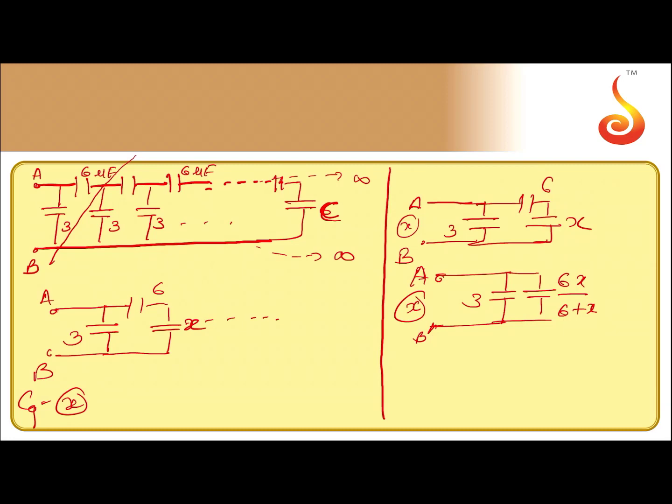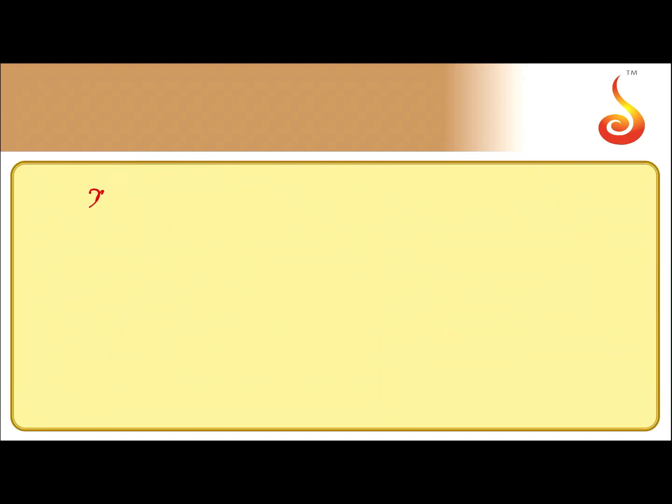So if I simplify it further, I should write X is equal to 3 plus 6X divided by 6 plus X. Right? So I can simplify it further. I get a quadratic: x squared minus 3x minus 18 is equal to 0. And upon simplification I get x is equal to 6 microfarad.